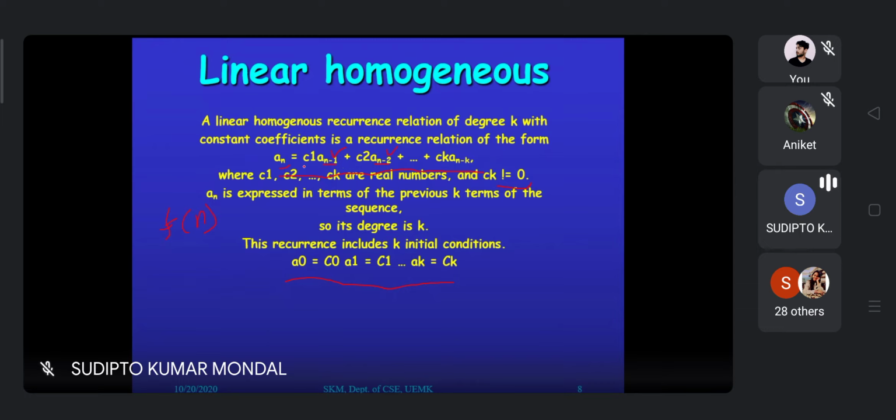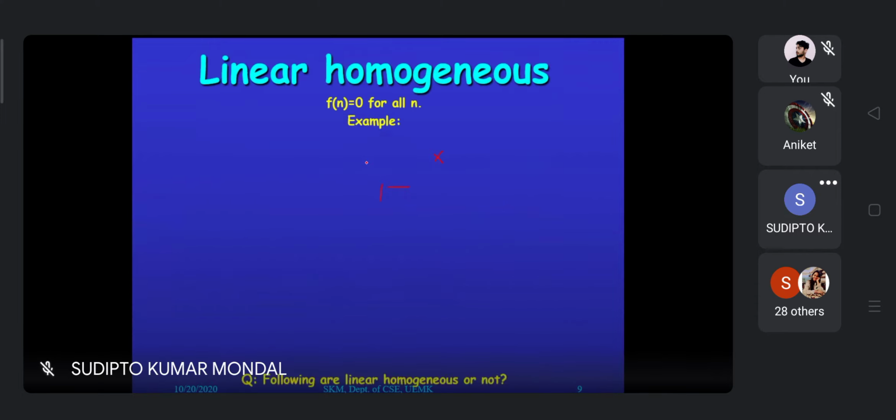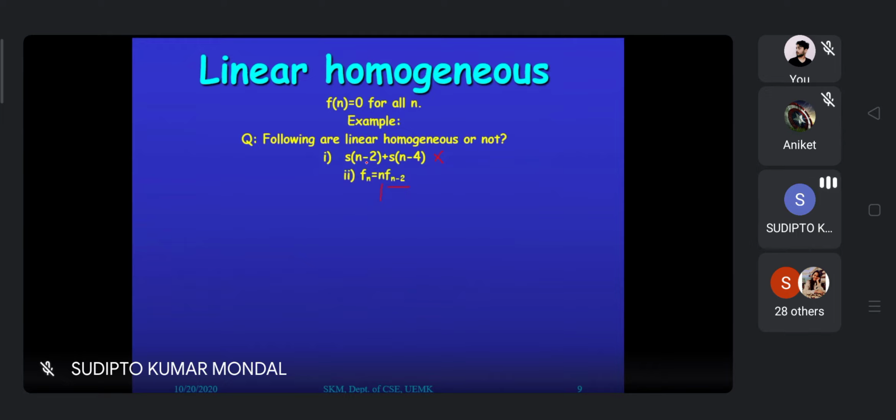But one important thing is that along with the terms, the factors are constants: c1, c2, these are all constants. But here, in case of F(n) equals n into F(n-1), n is not a constant, it's a variable. So that's why we can say that F(n) equals n into F(n-2) is not a linear homogeneous recurrence relation.